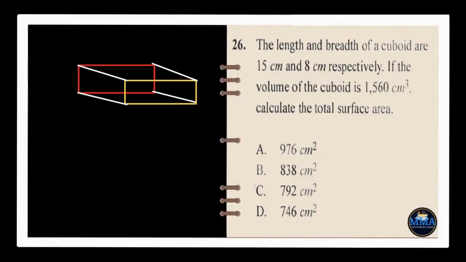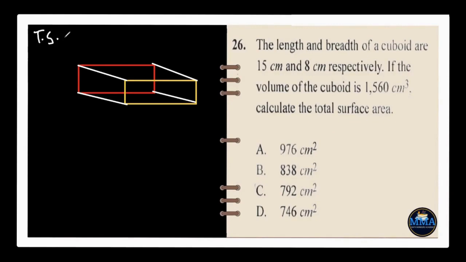Question 26. The length and breadth of a cuboid are 15 centimeter and 8 centimeter respectively. If the volume of the cuboid is 1,560 cubic centimeter, calculate the total surface area. Now, the total surface area, let's call it TSA.